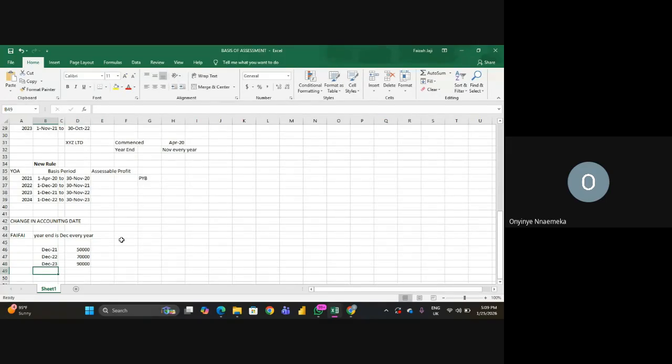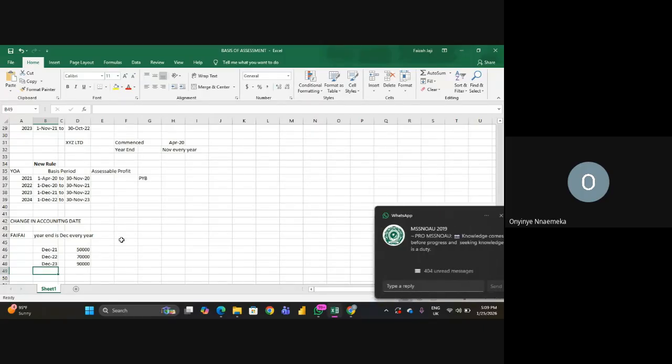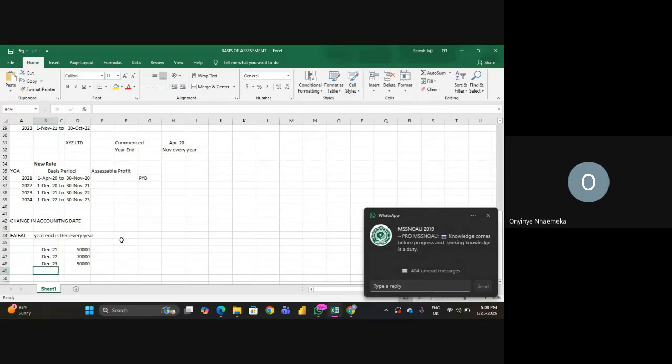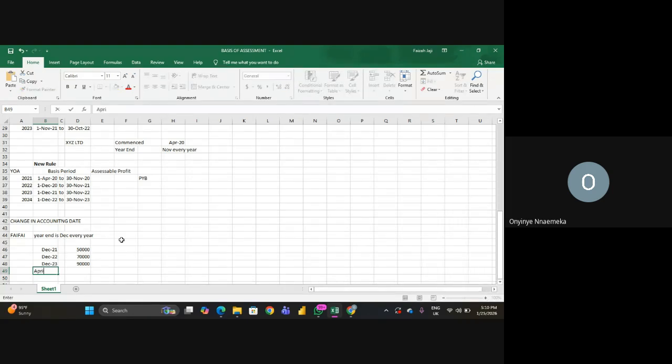They now said that, well, January to December is not favorable for us as accounting year. Let us change. Let us start using May to April. So instead of ending in December in 2024, they just did April. April 2024, let's say 40K.